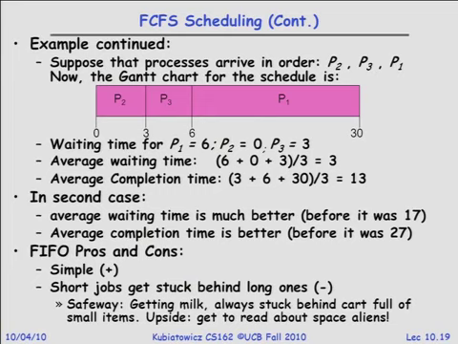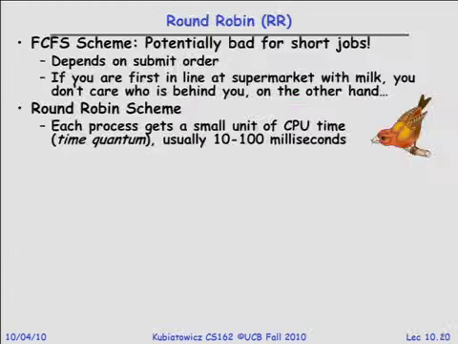So the round robin scheme is going to try to get around this. Sorry, when I made these slides, I was having fun with clip art. What we're going to try to do to fix this problem is shuffle the jobs around, so that the short ones eventually get a good place in line. Now imagine the supermarket example.